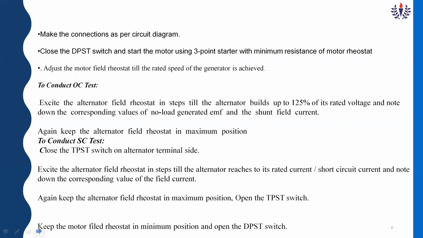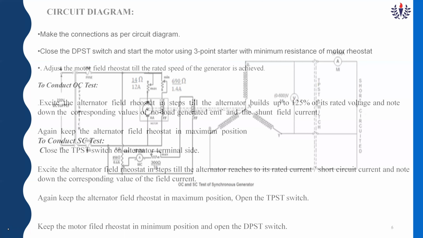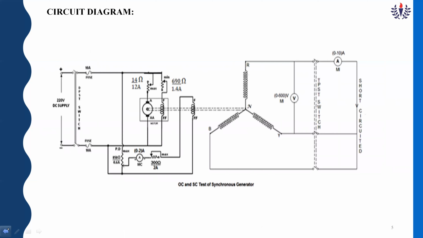Next, I have to conduct two tests here, the OC test and the SC test. To conduct the OC test, excite the alternator field rheostat in steps till the alternator builds 125% of its rated voltage, and note down the corresponding values of generated EMF and shunt field current. See your circuit, I have to excite my alternator field.